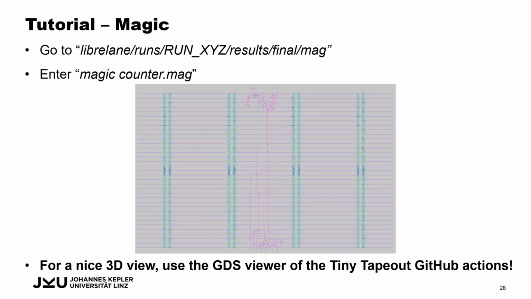And again, for a nice 3D view, use the GDS view of the Tiny Tapeout GitHub actions. I mean, you can also use GDS3D, as I said before, but sometimes I get a lot of segmentation faults here, and this sometimes gets really annoying. And since these GitHub actions work quite well, I'm using this more often now.